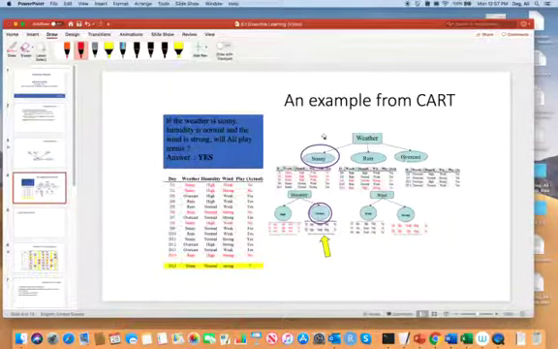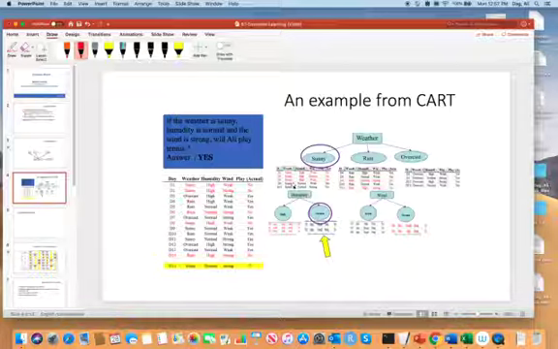And this was the rule that we learned from our CRT model. If the weather is sunny, then the only thing we should look at from now on is the humidity variable. In other words, if the weather is sunny, then the wind variable is not important at all. I don't even look at it.